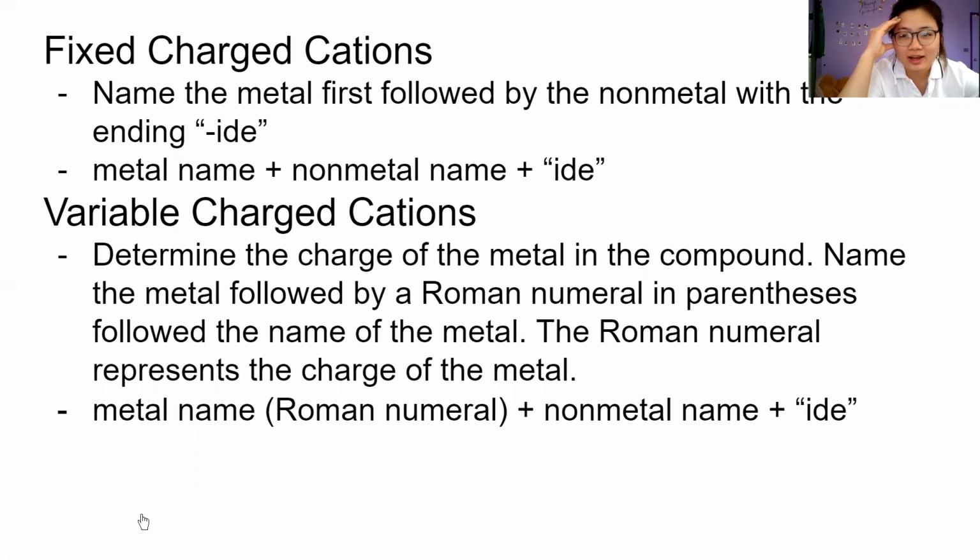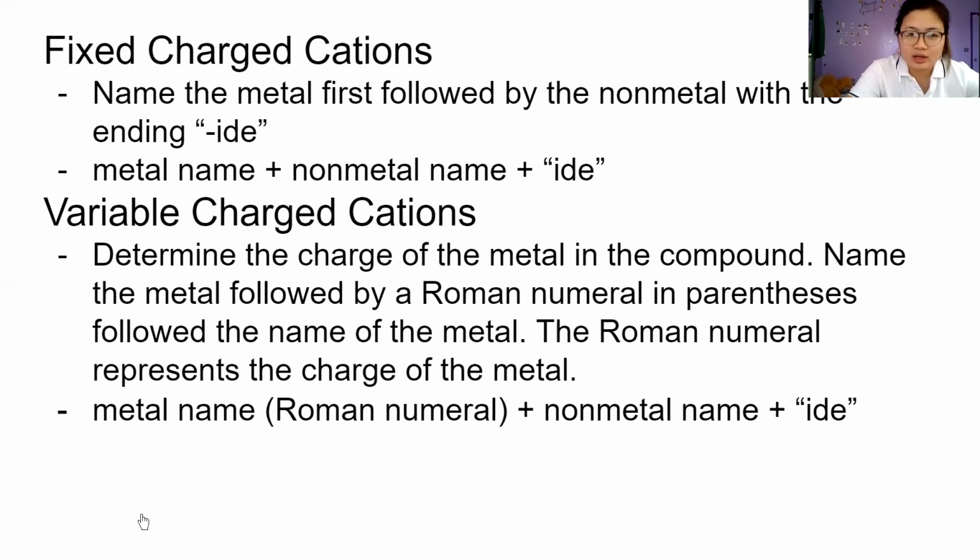If it's ionic, we next ask if it's a fixed charge metal or a variable charge metal. If it's a fixed charge metal, we just say the name of the metal. For example, NaCl, we just say the cation, sodium.